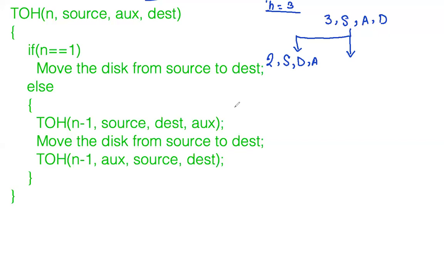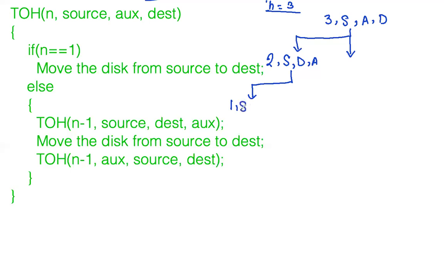So this part will be called again recursively, and then it will become 1. Now the call is on source, auxiliary, destination. In this case, which is my auxiliary peg? Destination is my auxiliary peg. Which is my destination peg? Auxiliary is my destination peg. So accordingly, it will be changing like this.